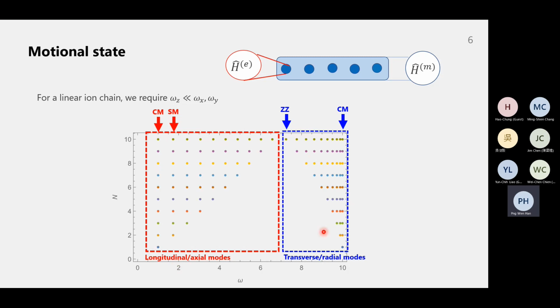Why is there a space, the triangle shape? Because, like I said, when you look at it horizontally, this line represents the system with only 1 ion.